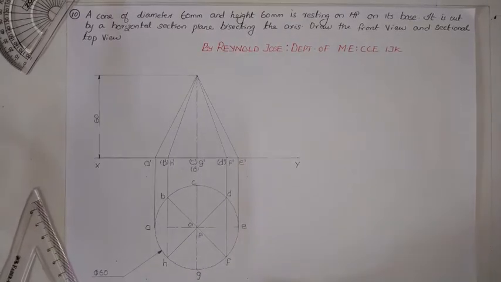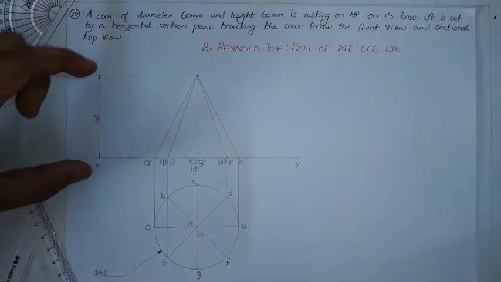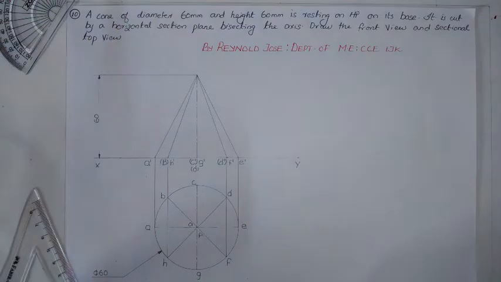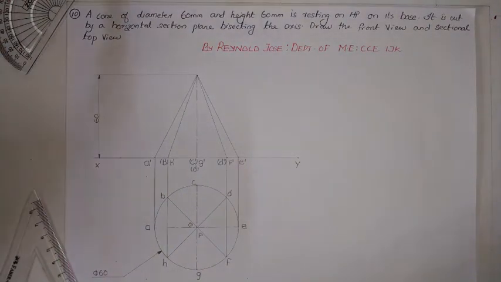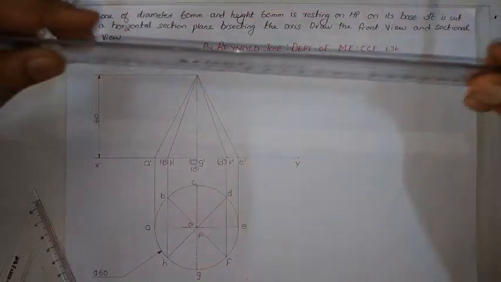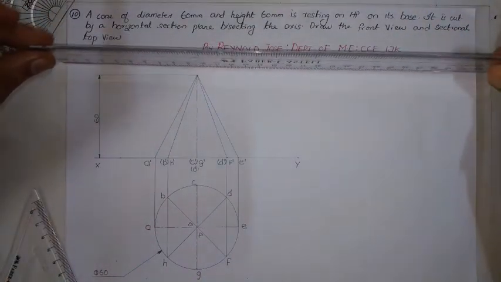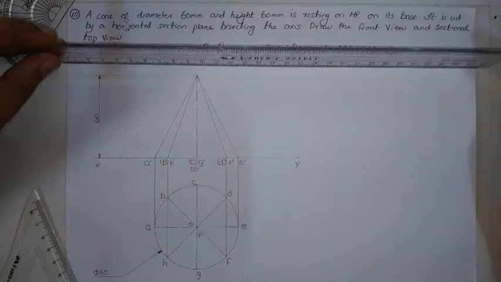So after drawing the symbol front view and top view, we have to locate the section plane. So height of the cone is 60 mm, the diameter is also 60 mm. So here it is a horizontal section plane. So what do you mean by a horizontal section plane? So imagine that this is the vertical plane.